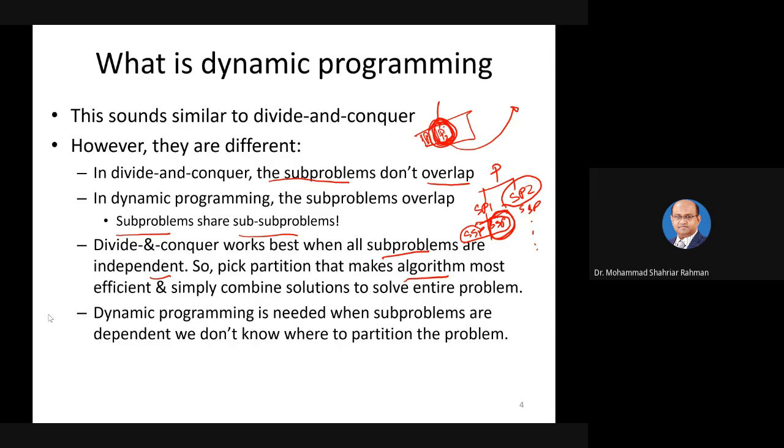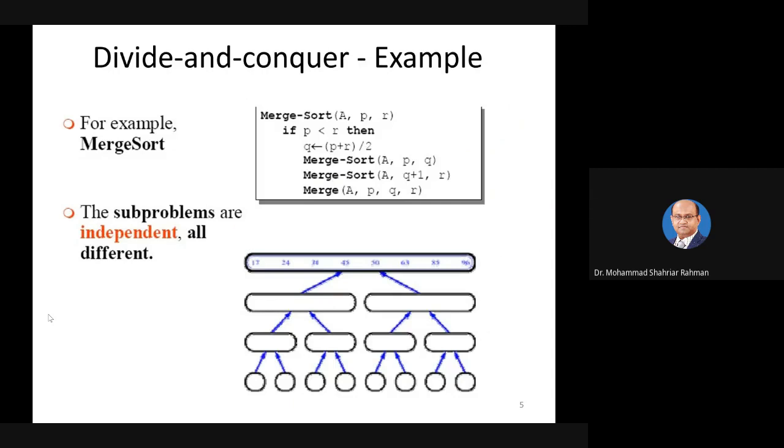Divide into two parts, for marks, for example. So here is an example. আমরা মার্কশিটের কথা যেটা বলছিলাম যে the sub problems are independent, all different. Sorry for the poor quality of this image, but then again, it's just an idea.